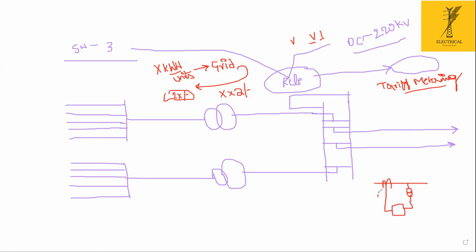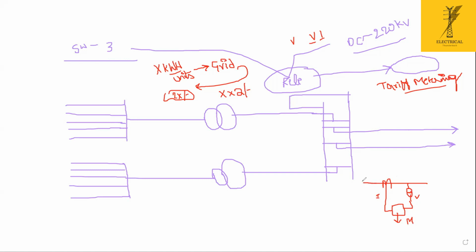This is the current. This is the voltage. So these two are connected to a meter, which is the tariff meter system. It's a metering system. Now the current and the voltage are connecting to a meter, and in this meter, the number of units will be recorded. So based on this number of units, the person will pay you money.